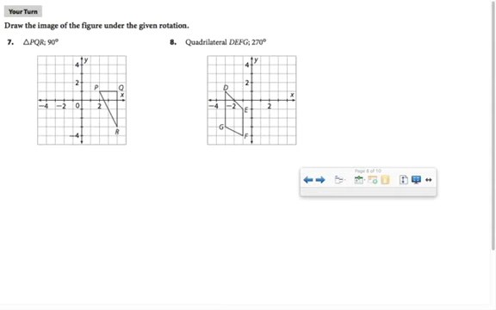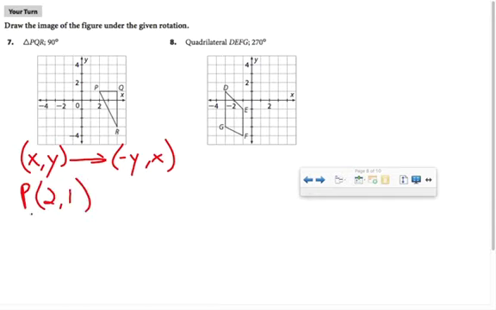In the Your Turn example 7, it's asking us to rotate triangle PQR 90 degrees. The rule for a 90-degree rotation is that (x, y) will become (-y, x). So what are the coordinates of P, Q, and R? P is at (2, 1), Q at (4, 1), and R at (4, -3).